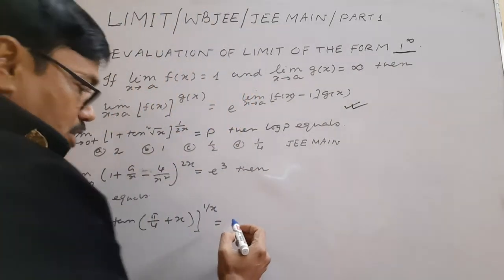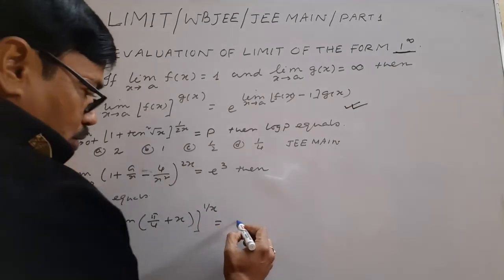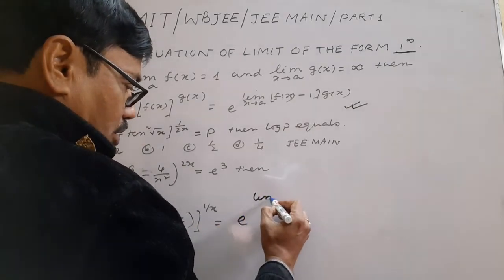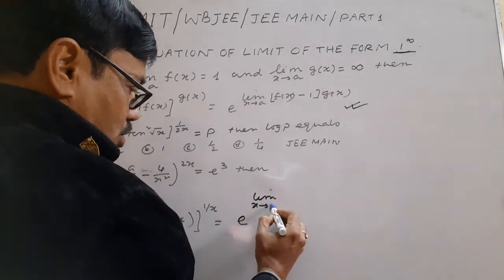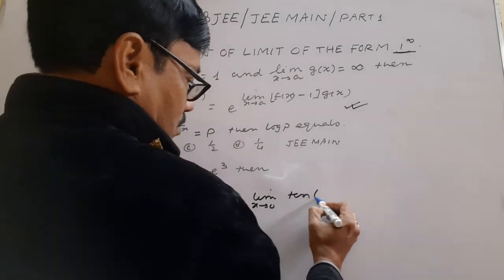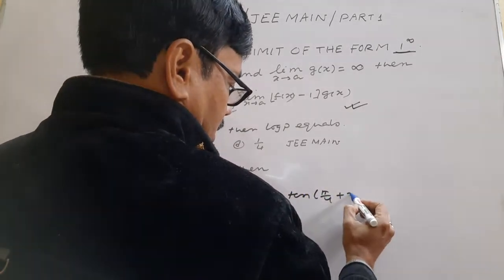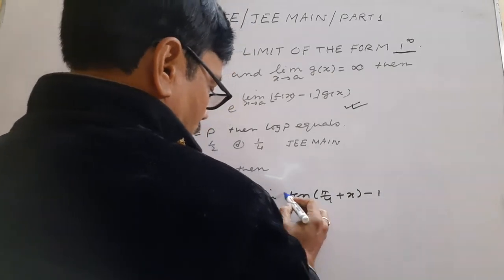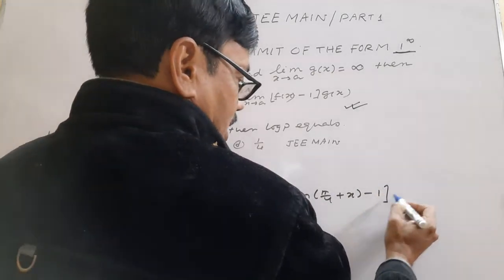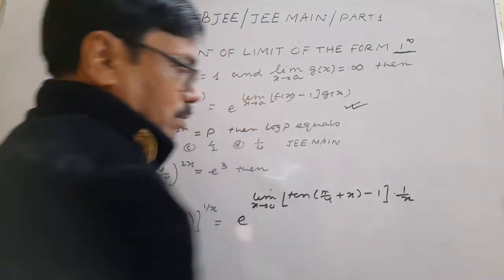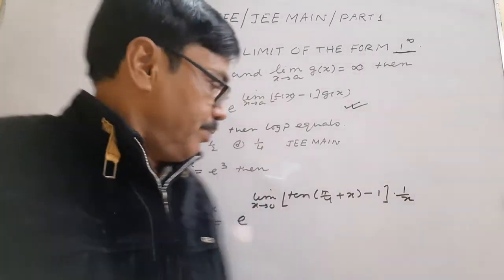Now it is equivalent to, by the previous theorem, limit x tends to 0, tan(pi by 4 plus x) minus 1, this is f(x) minus 1. Now what is g(x)? g(x) is 1 by x.